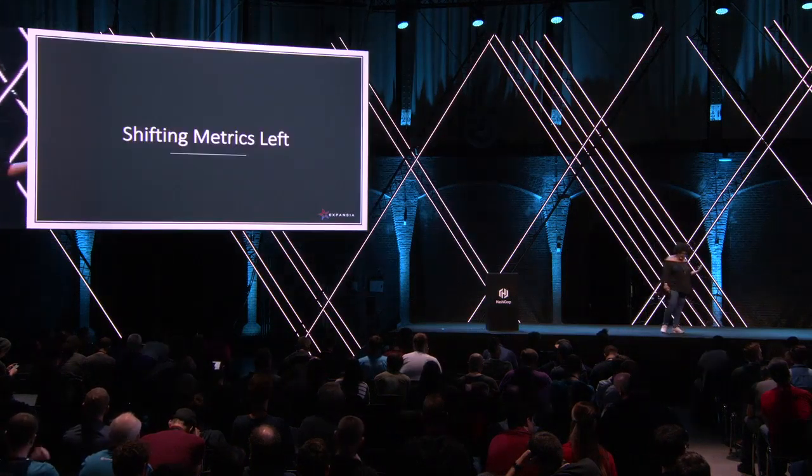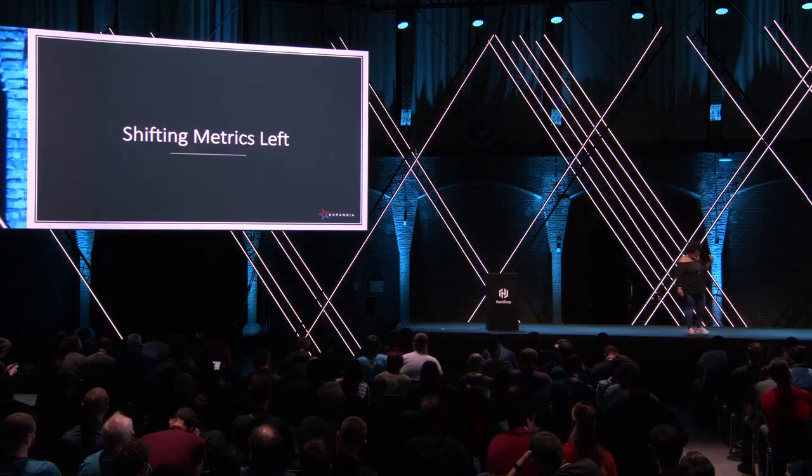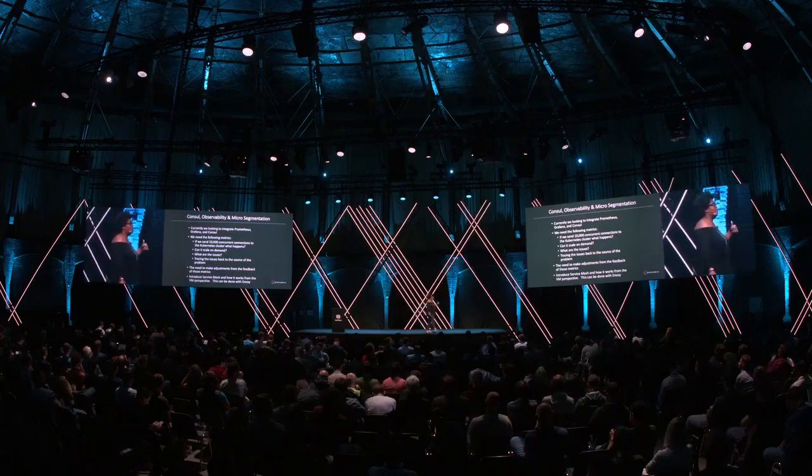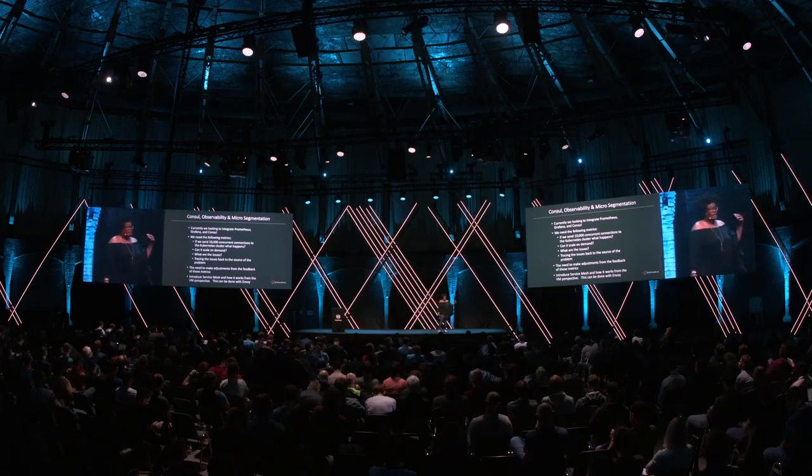And that's what we wanted to do, was be able to shift our metrics left. When I say that, actually Paul talked about this, is how do we scale, right? So when we're talking about scaling, we're also talking about we have a lot of teams that we're working with.